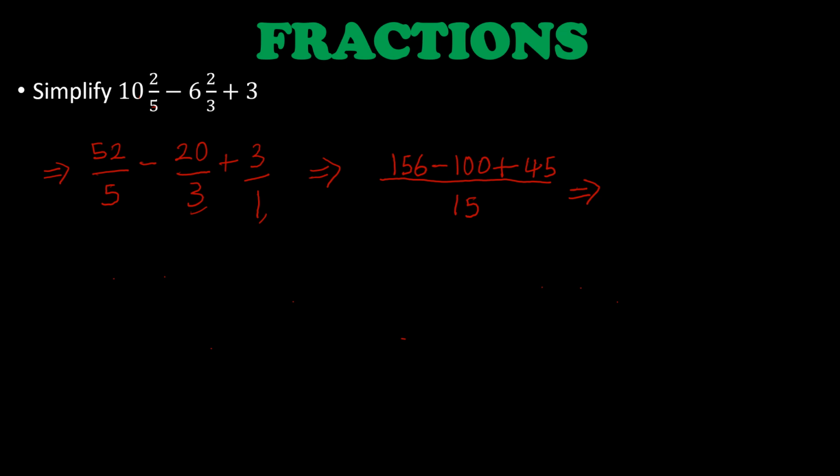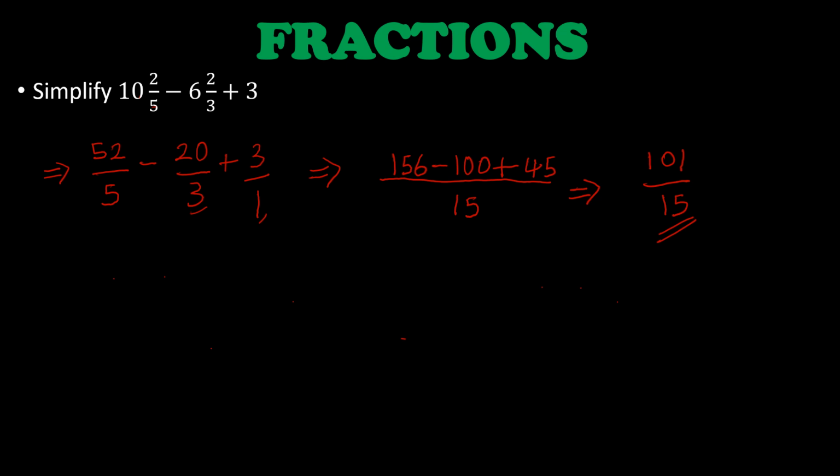So we simply have 101 over 15. And this is an improper fraction. But that's our answer. Okay? That's our final answer. Now, we can actually convert this to a mixed number if we want to do that.